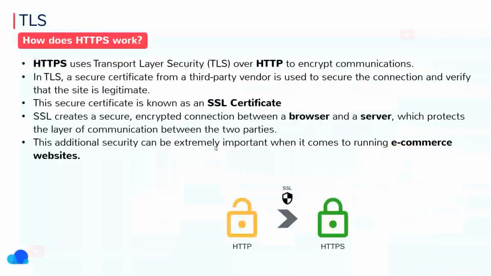So how do you convert your HTTP connections to HTTPS? It is simple. You need to use transport layer security, that is TLS. And we know that TLS includes a certificate for your web server. Once you install your certificate, your HTTP becomes HTTPS. I'll tell you how to install the certificate later, so don't get confused.